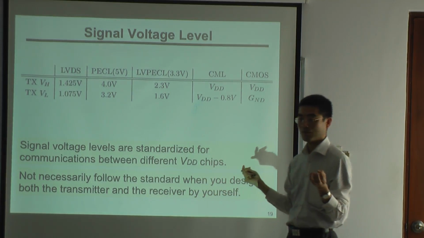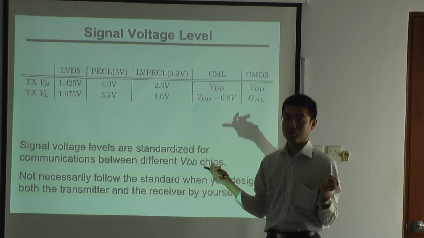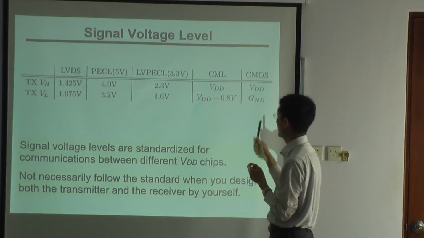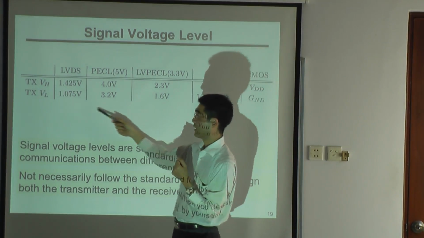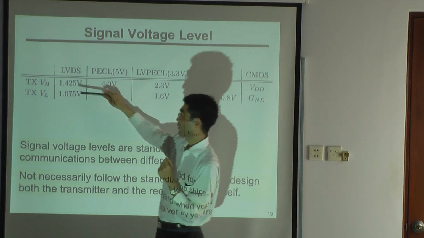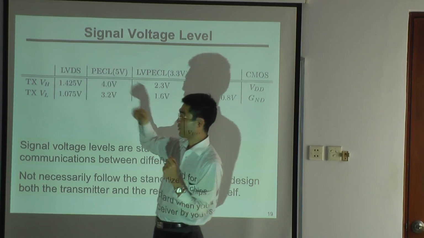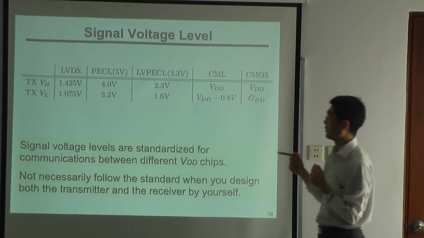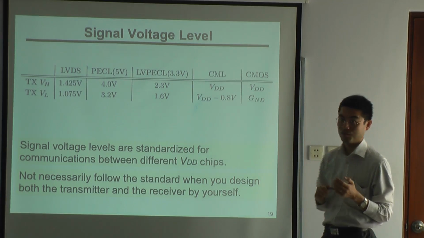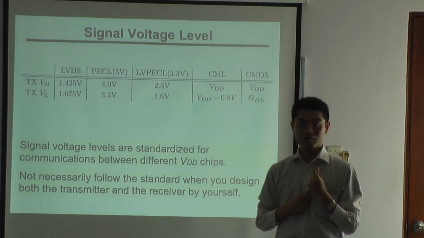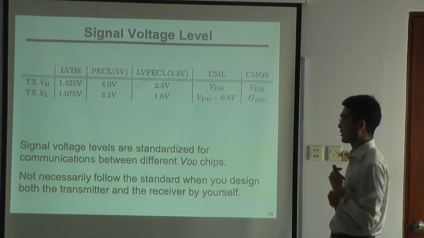So we have to use a common language for the chips. These are the types of common languages: LVDS, where the high voltage is this and the low voltage is this, and others like LVPECL and so on. There are many types of common languages in common voltage.